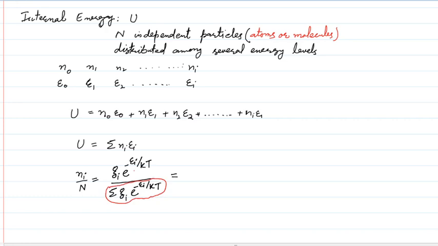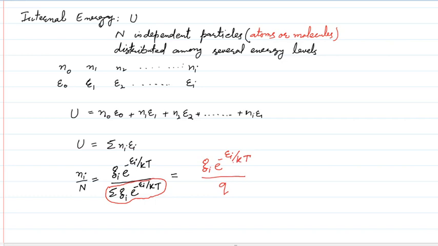So we can simply write this relation as Ni equals N Gi e raised power minus Ei upon kT divided by Q, where Q is simply the partition function.